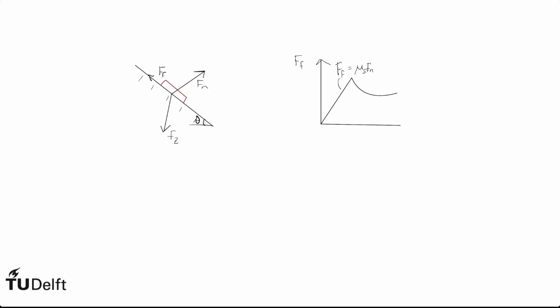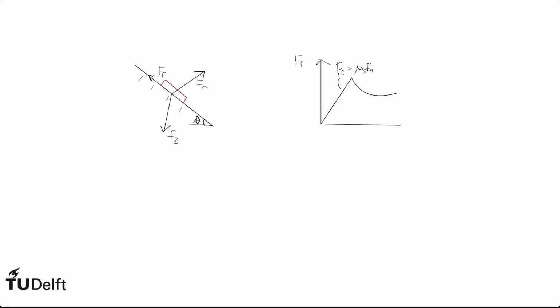And the reason for that is that the component of the gravitational force that's perpendicular to the table will start to decrease. To see that, we have to decompose some of these forces so that we can look at perpendicular components. The friction force is parallel to the table, the normal force is perpendicular to the table, and the gravitational force has a component both perpendicular and parallel to the table.